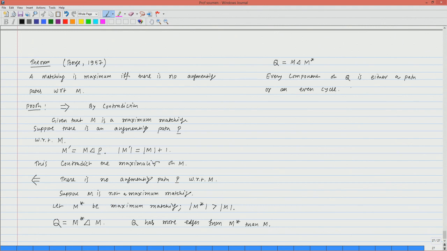And also we note that they are alternating paths and cycles, right.